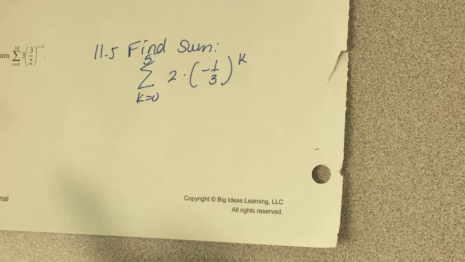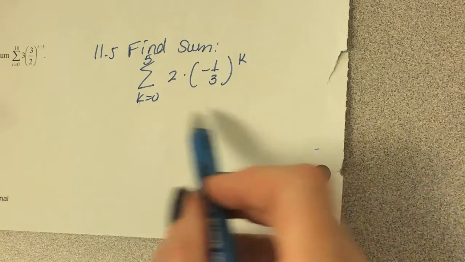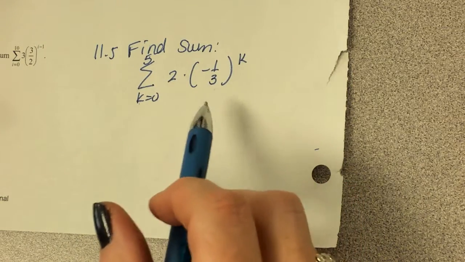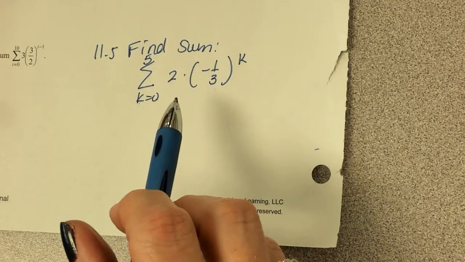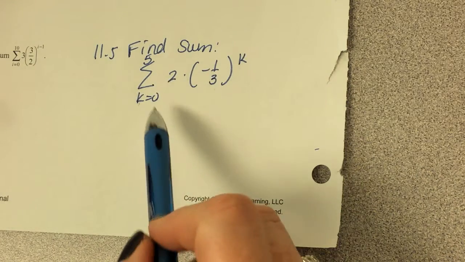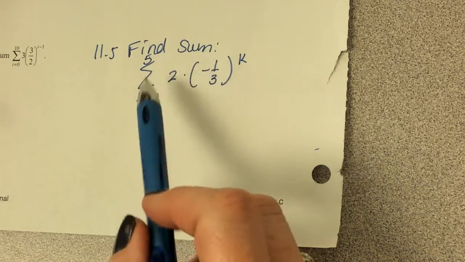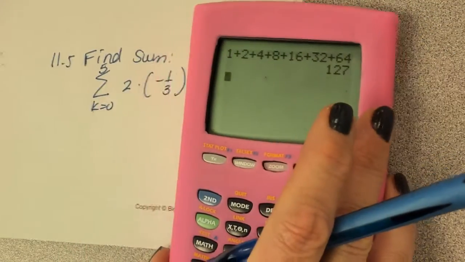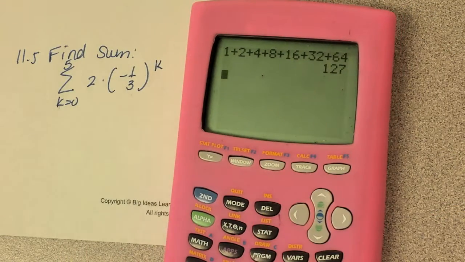Now, to do a problem like this, we could just type it into our calculator as is. But I want you to practice using the formula a little bit, so you can kind of switch back and forth. If you have a problem like this, you can just type it in as a summation. Let's just practice doing that, just to make sure everybody knows how.